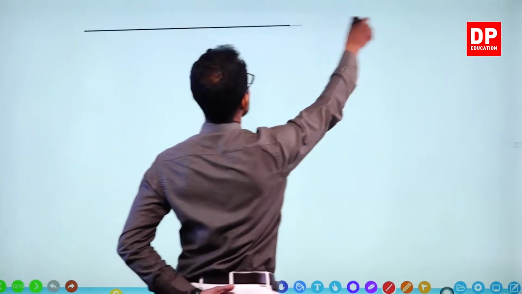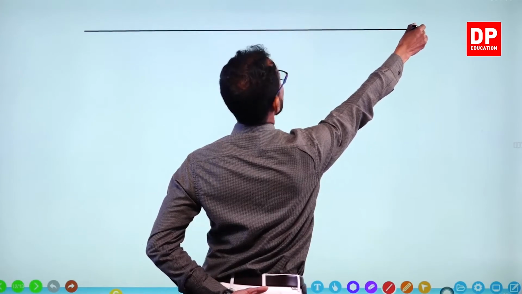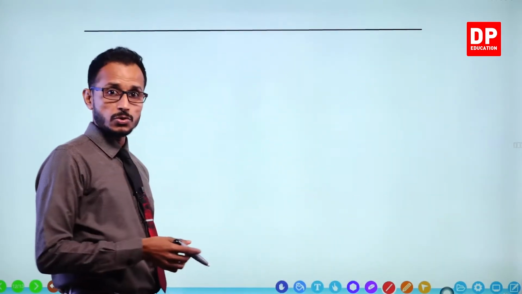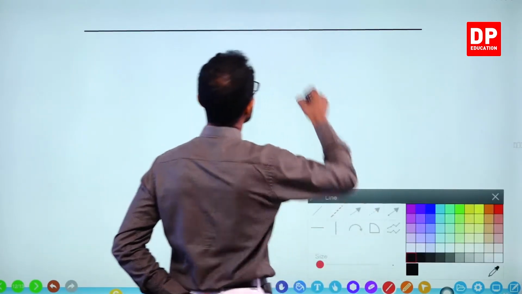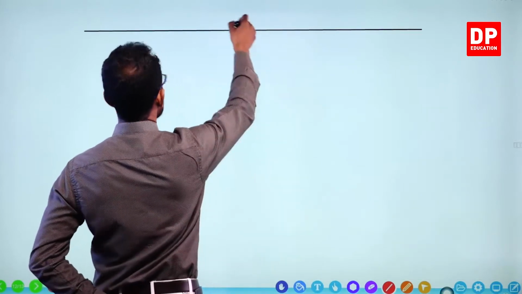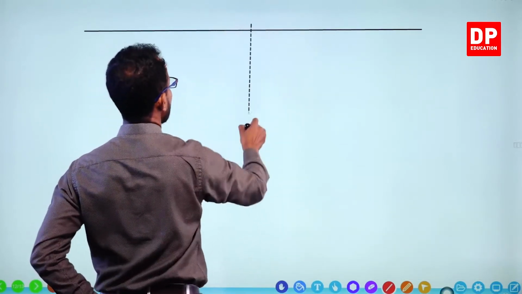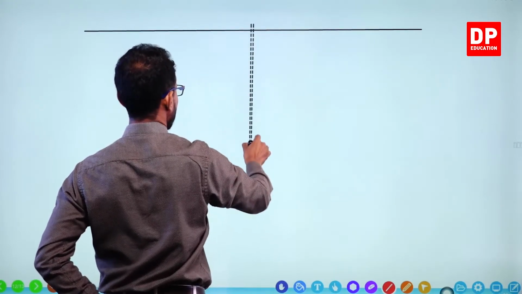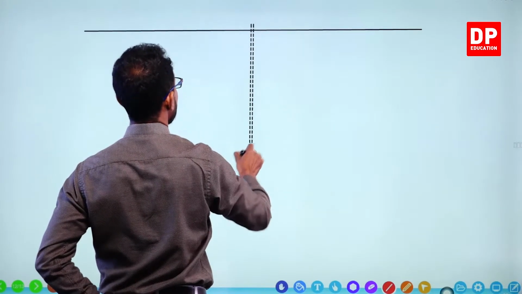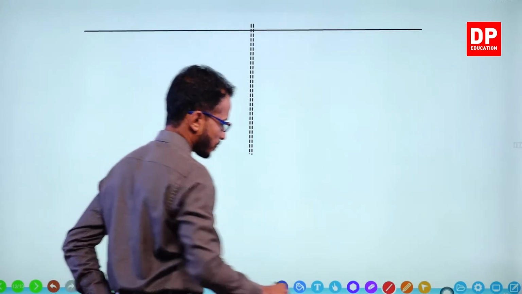Draw the cash book. Do you know how to draw the cash book? Well, it's easy. First, you draw a T. There you go, a T.